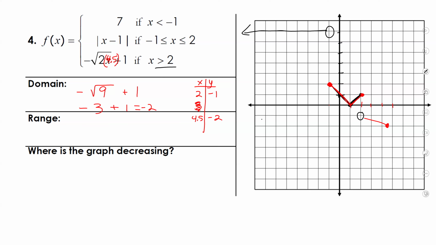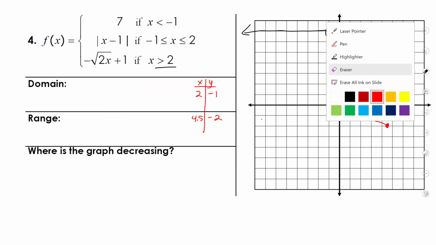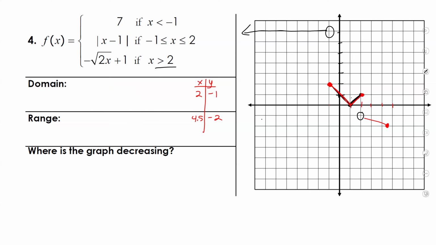Let's plug in one more number and then we can be done. What number should we plug in next? 8? Good choice. Let's plug in an 8 and see what we get. What's 2 times 8? 16, what's the square root of 16? 4, bring everything down. -4 plus 1 is -3.